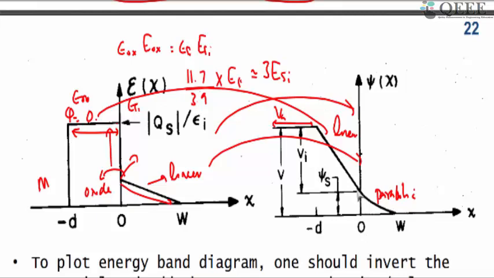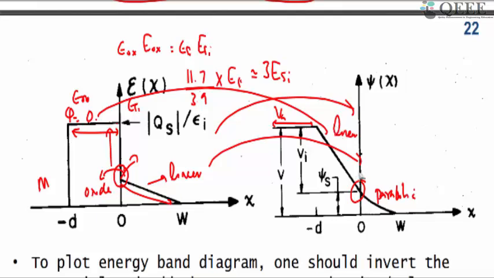Along the dielectric interface, there is no discontinuity in the electrostatic potential. You see the discontinuity only in the electric field, not in the electrostatic potential.